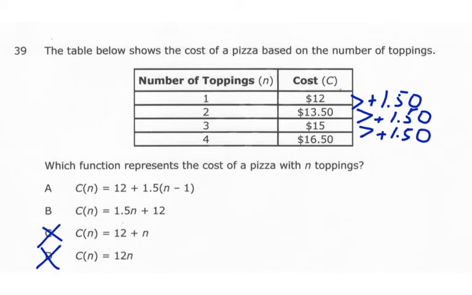So when we talk about this, this is actually an arithmetic sequence. If we continue to add the same amount, it's arithmetic. And with an arithmetic sequence, there's two ways to do the formula.